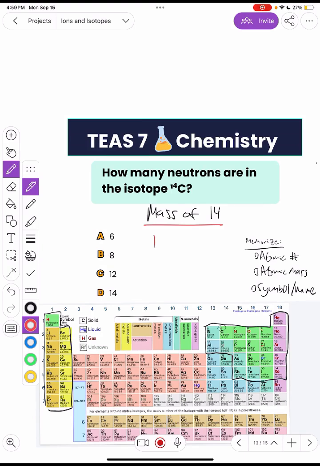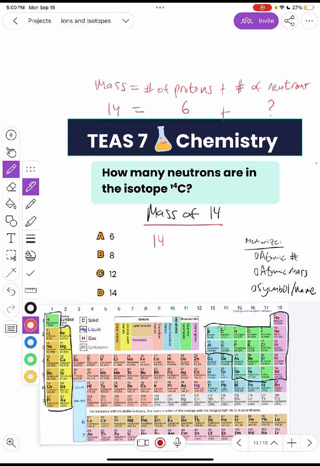So mass of 14 means we got 14. And to figure out, remember, the whole equation I gave at the beginning was the mass is equal to the number of protons plus the number of neutrons. Which means that if you have 14 and the number of protons, it's like 6 plus what is 14?